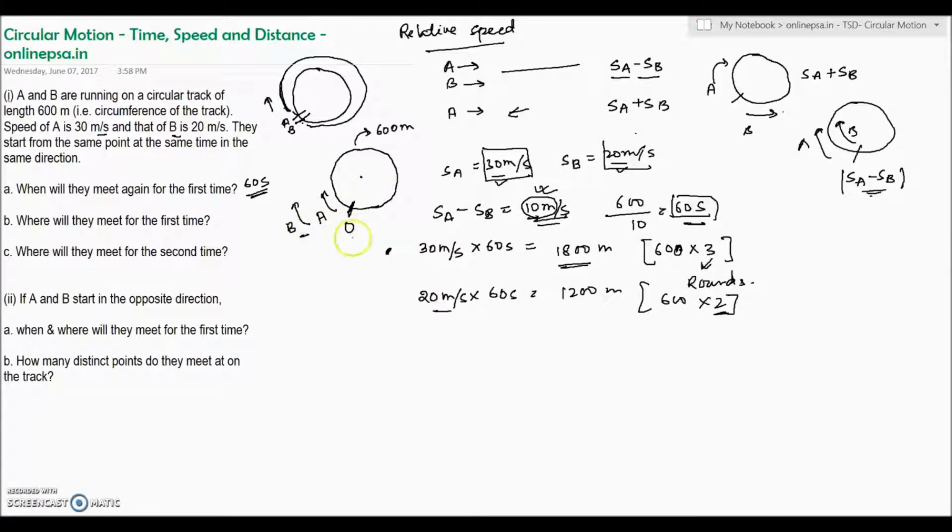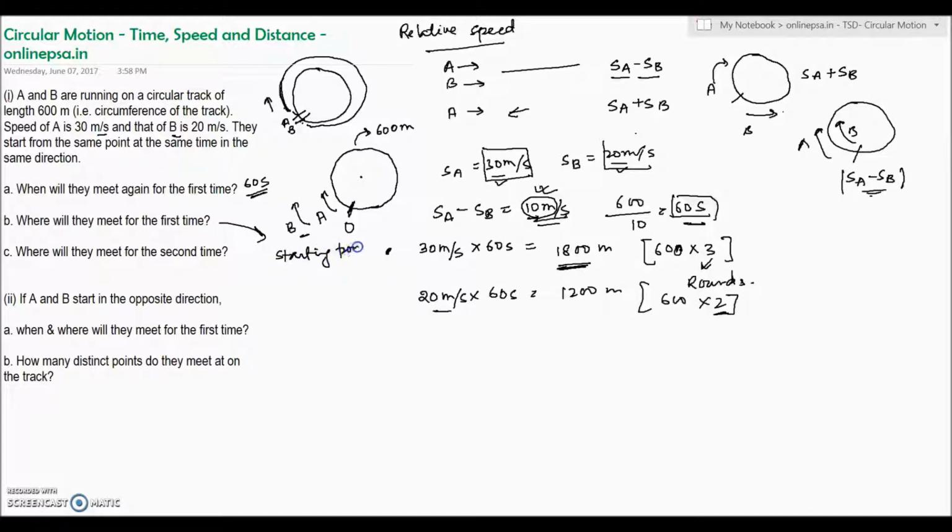B has taken 2 rounds whereas A has taken 3 rounds, and that's when A catches up with B. So if you ask where will they meet for the first time, incidentally A, when it completes three turns, is back at point O. So it is the same point where they had started, the starting point.